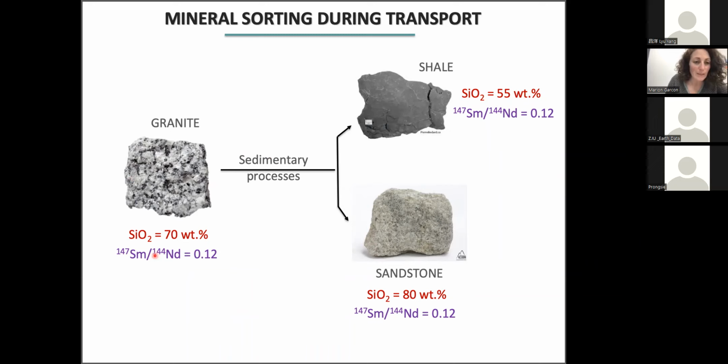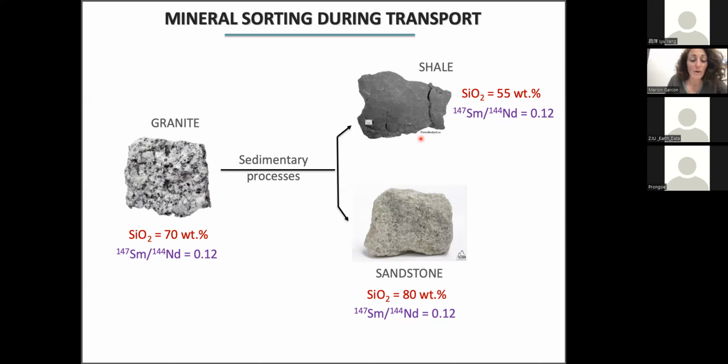The good thing is that the samarium neodymium ratio is not fractionated by sedimentary processes, meaning that if this initial granite has a samarium neodymium ratio of 0.12, you will find the same ratio in both the two products independently of their grain size.